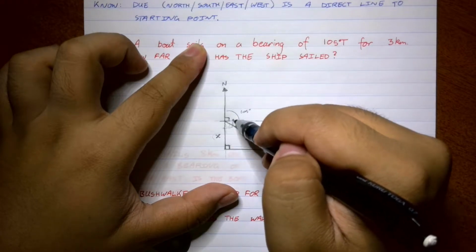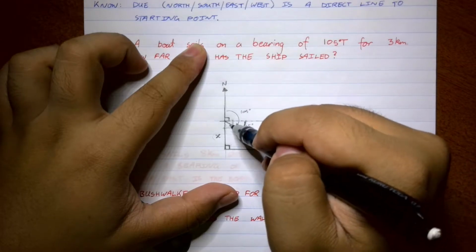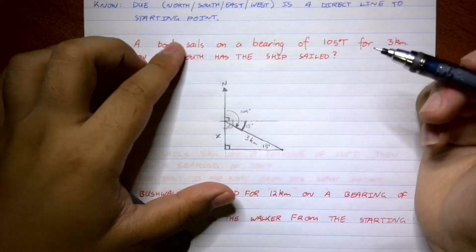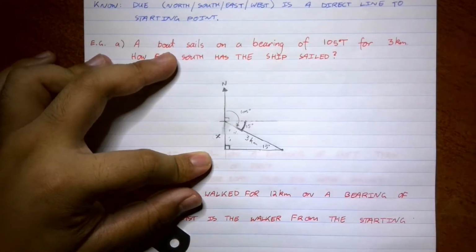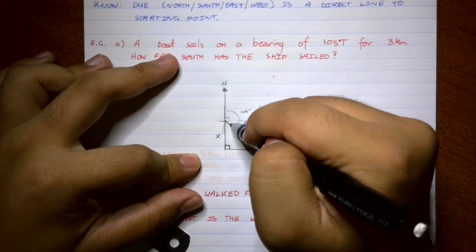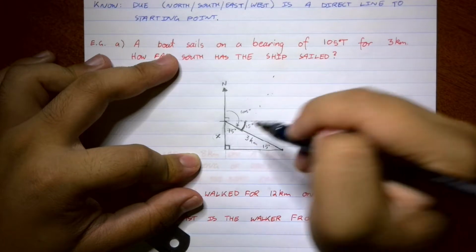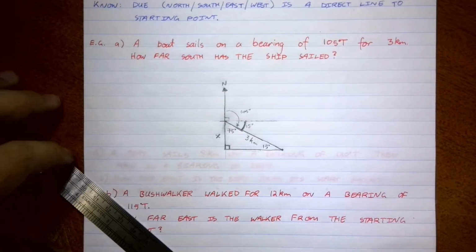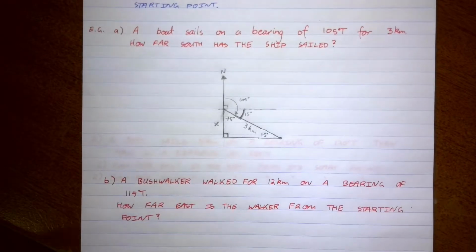So if this is 90, and this angle here is 15, they should add up to 90, so 15 plus this angle should equal 90, which means that this missing angle in this spot here must be 75 degrees. So now we have two angles we can work with to solve the same question.